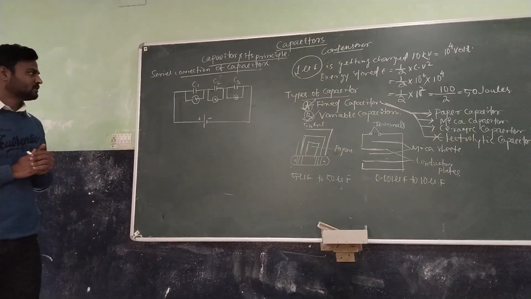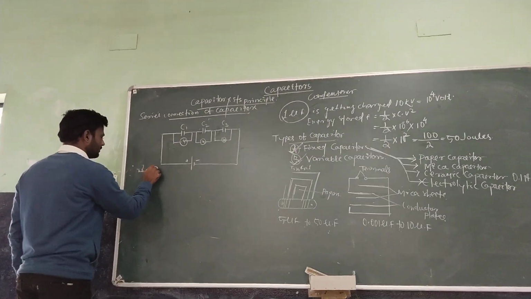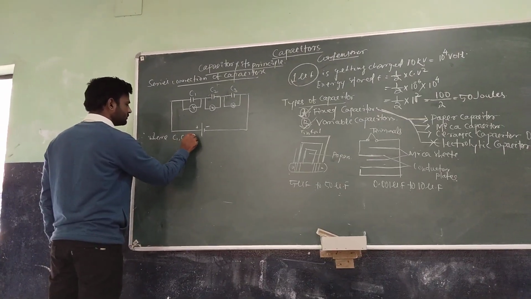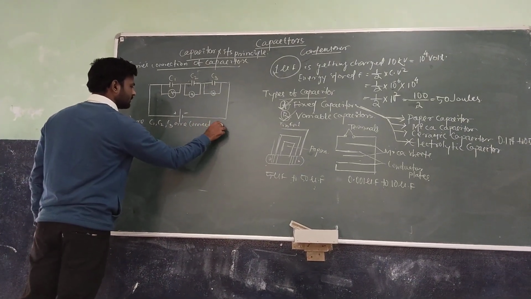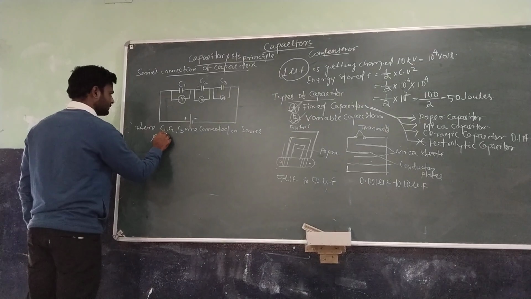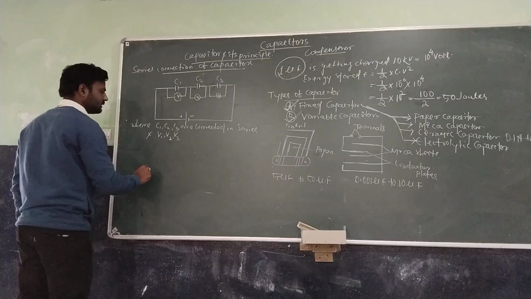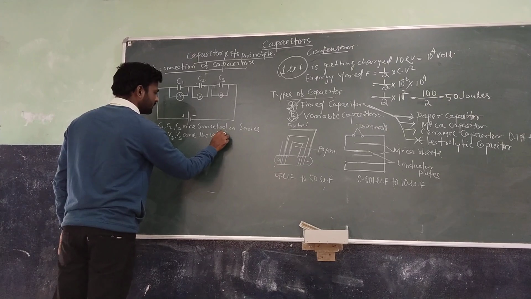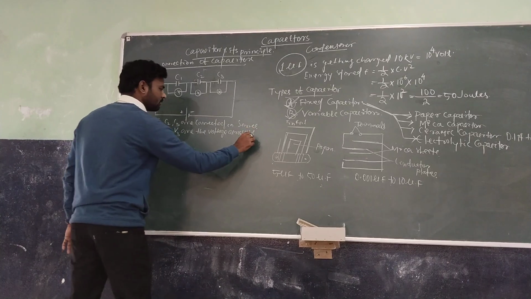So the capacitors C1, C2, C3 are connected in series, and V1, V2, V3 are the voltages across the capacitors.